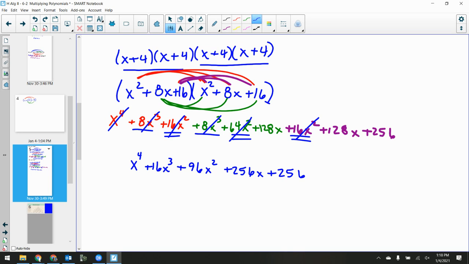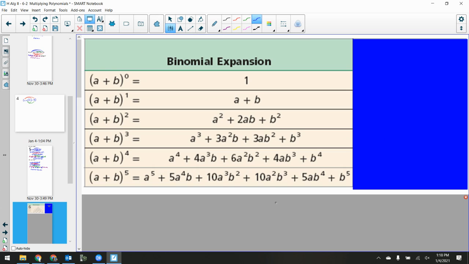Now, I'll tell you this. Whenever you have a two-term expression, which is called a binomial, raised to a power, there's a shortcut. Some of you guys might not think this is really a shortcut, but there is one, and it uses this thing called Pascal's triangle.